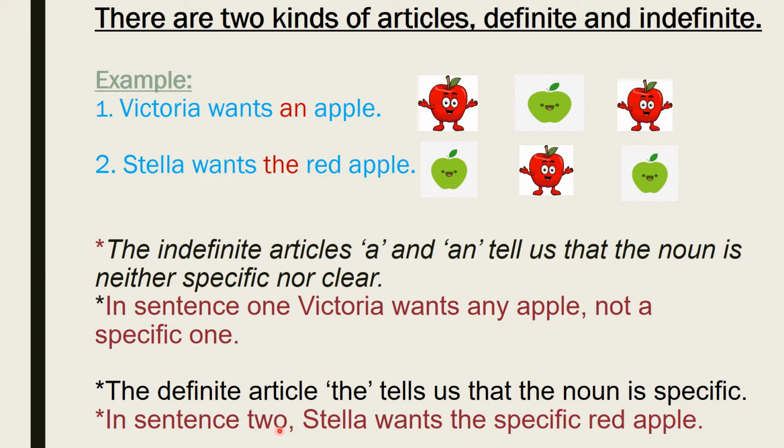In sentence 2, Stella wants the specific red apple. That's why I have used here the article the. In this way, now I think you are clear about definite and indefinite articles. To clear more about the article concept, let's go to our next slide.